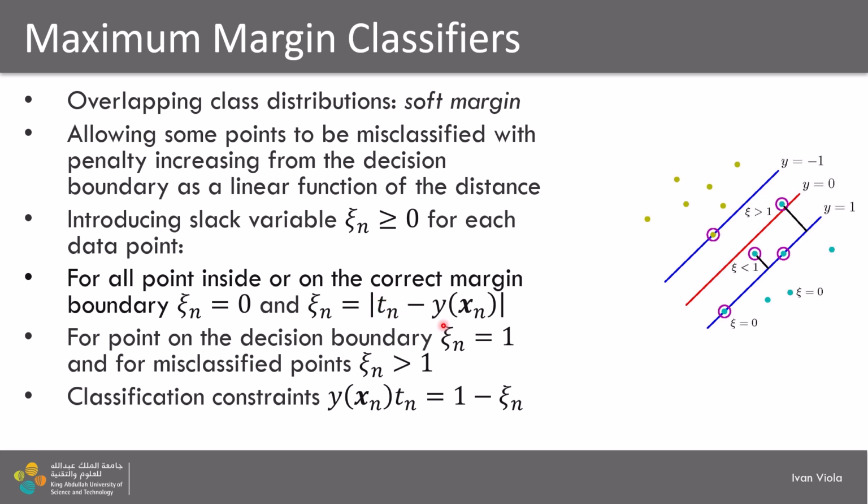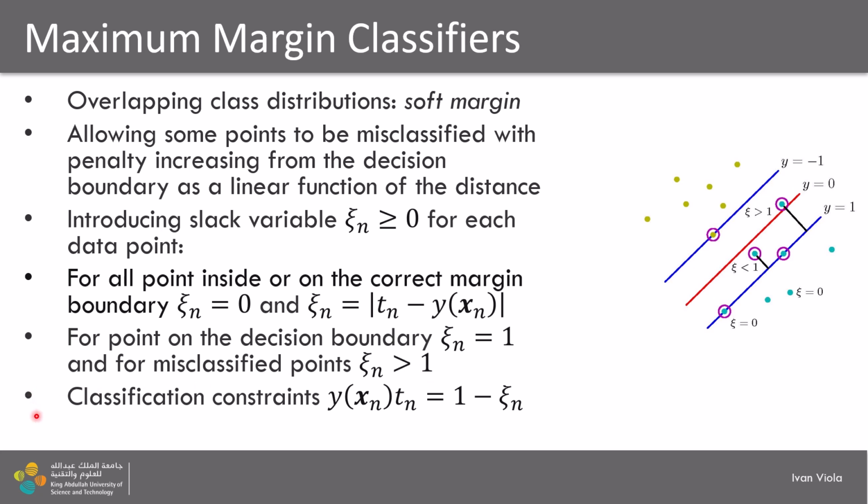So we can see that ξn is within the range 0 to 1 if it's within the margin on the correct side of the decision boundary, and if it's misclassified, it is bigger than 1. So for a point on the decision boundary, the line, ξn will be 1. Otherwise, if it's misclassified, ξn will be bigger than 1.